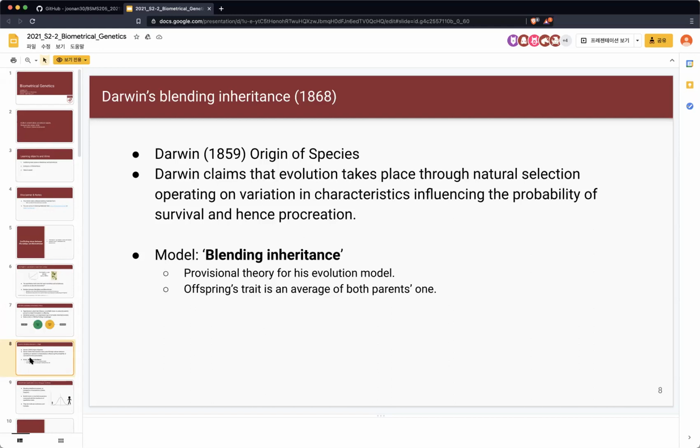So he tried to explain the situation using the natural selection perspective, and then he proposed how that variability is inherited by the next generation using the model of blending inheritance. As we know, this model was a provisional theory for his evolutionary insight, and according to this blending inheritance, the offspring's trait or phenotype is an average of both parents' traits, right?